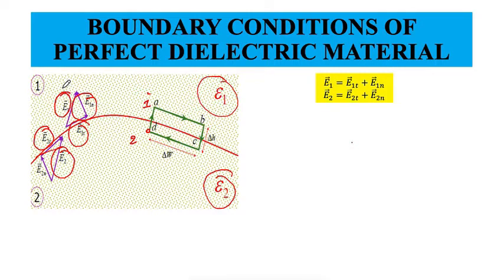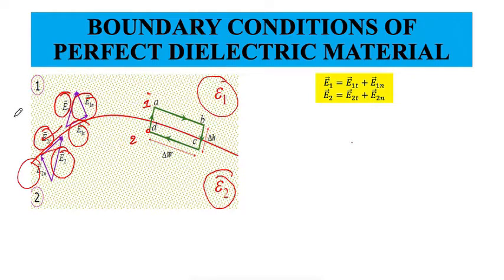You can do the same thing for the electric field inside both medium 1 and medium 2. So you will have tangential in medium 1, tangential in medium 2, normal in medium 1 and normal in medium 2, and we want to relate these.